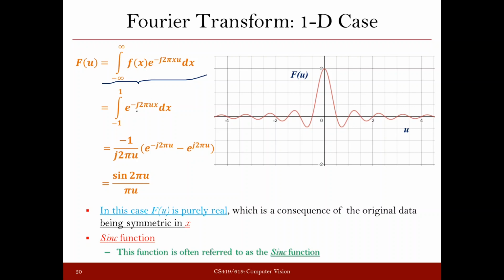So you will get a non-zero value only between minus 1 and 1. Between minus 1 and 1, f(x) is 1, so you just multiply by 1 here, and then the remaining term e to the power minus j 2 pi x u is there. Now if you do the integration, you will get this final answer.